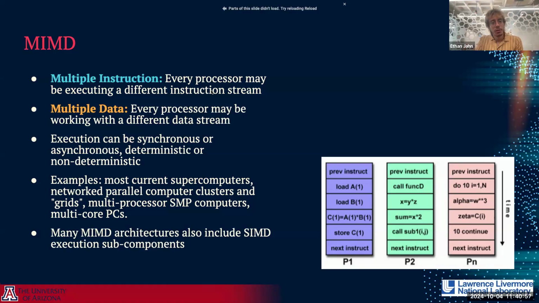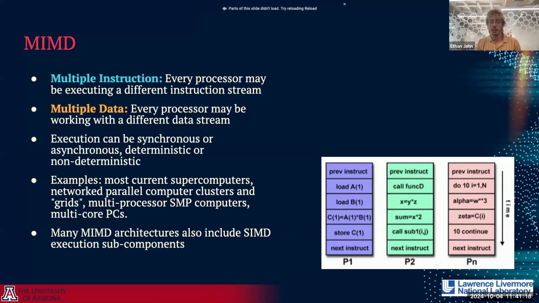So multiple instruction, each processor may be executing a different instruction stream. Multiple data, every processor may be working with a different data stream. So when you see here the list of processes, actually that was the one that was missing from the previous slide. It showed an array of processors, each with the exact same set of instructions.